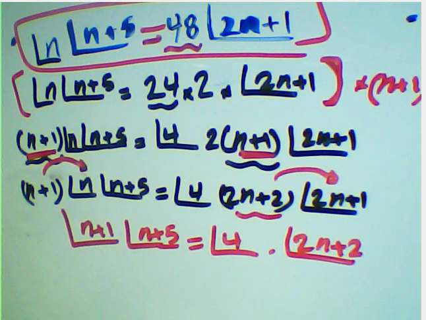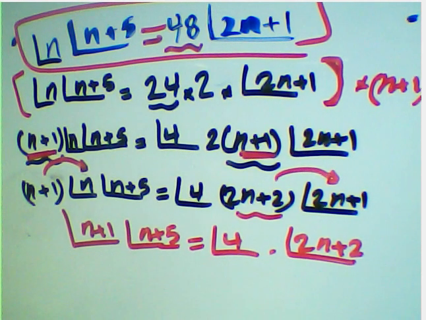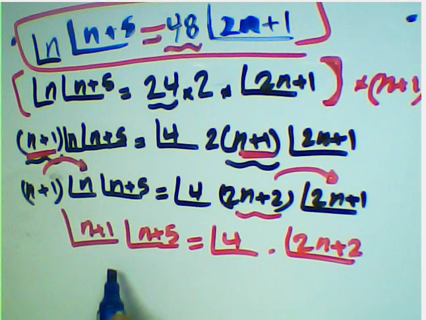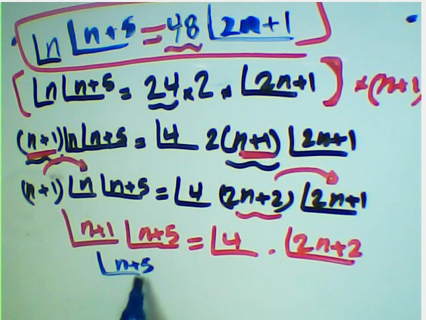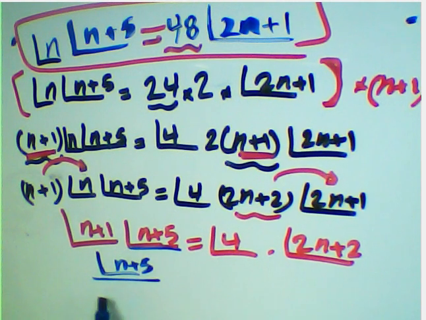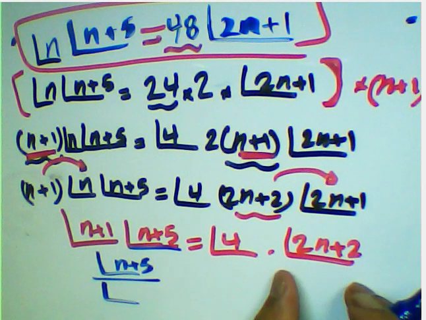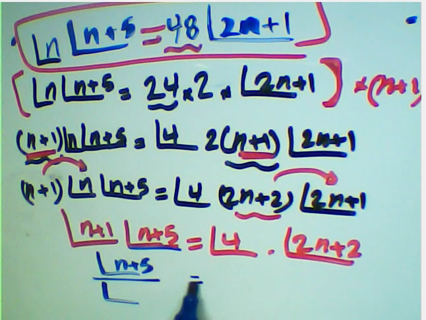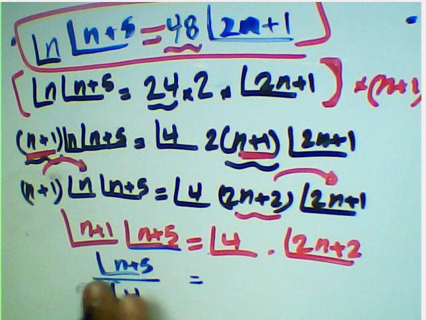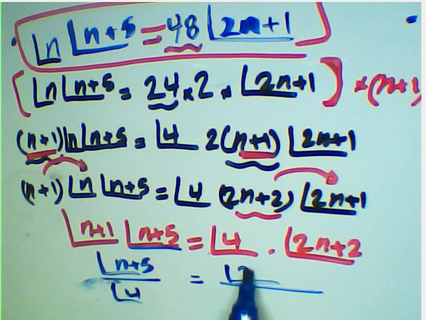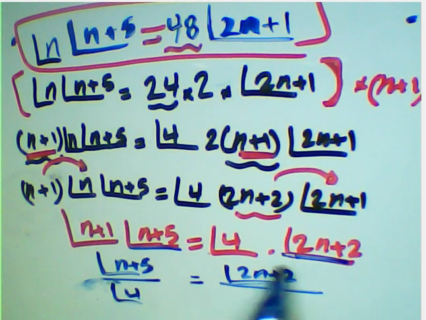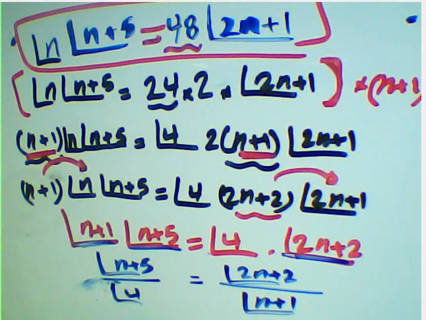And thinking about this example, you can complete here factorial n plus 5 over factorial 4, okay, and write factorial 2n plus 2 over factorial n plus 1.